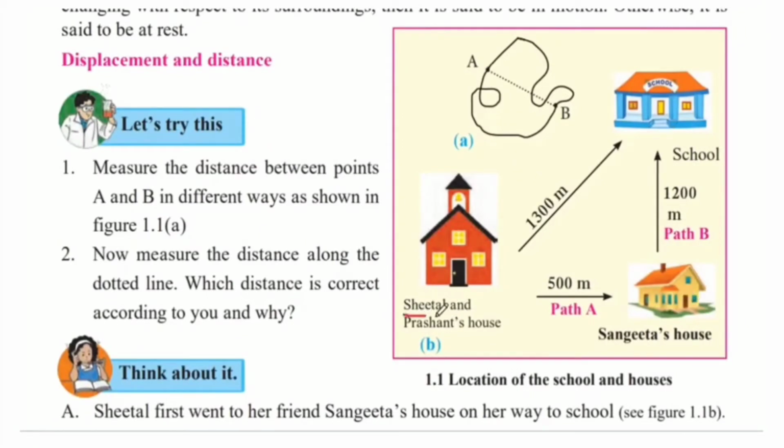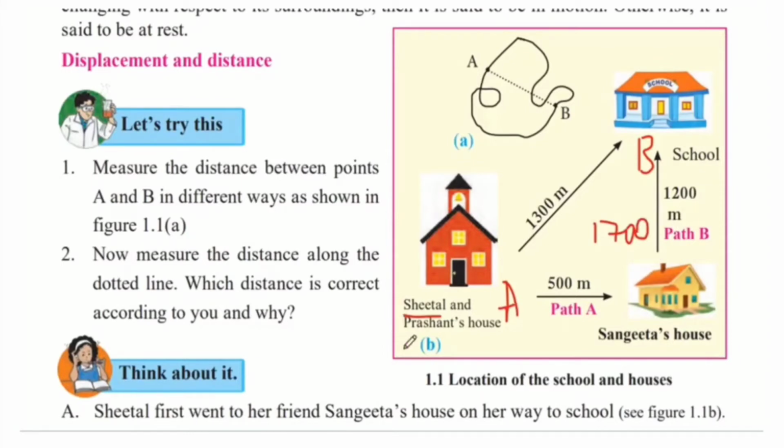So for Sheetal, the starting point was her house. We'll name it as A, and the finishing point was the school. We'll name it as B. So in order to go from A to B, Sheetal travelled 500 plus 1200 meters, that is 1700 meters.